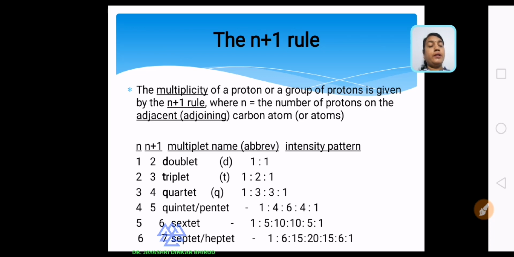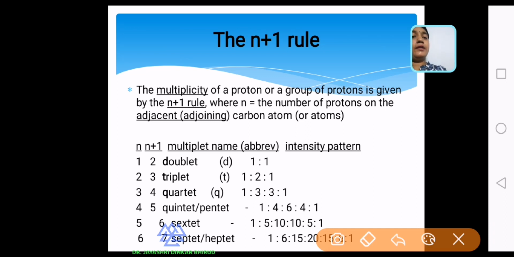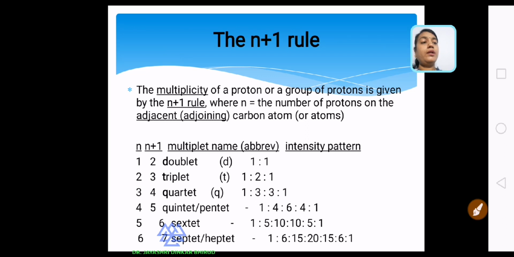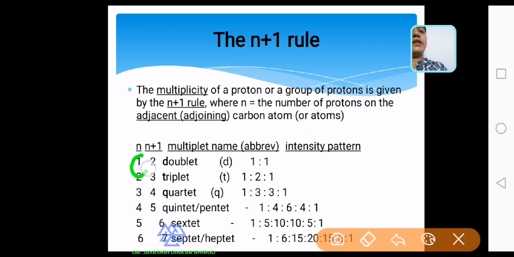If the adjacent carbon atom contains one proton, then according to the n plus 1 rule, n is equal to 1, therefore 1 plus 1 is equal to 2. So 2 means a doublet, and the intensity pattern of this doublet is 1 to 1.